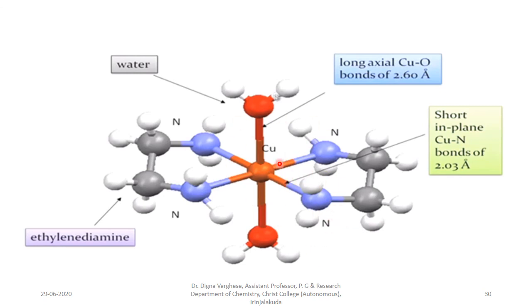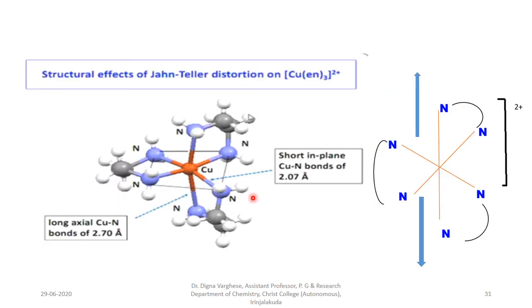So this is tetragonally distorted and elongation occurs. And in the case of [Cu(en)3] 2+, there is short in-plane 2.07 and long axial 2.70. In this case, the Jahn-Teller distortion occurs only if the chelate ring undergoes strain. Otherwise, there is no distortion.